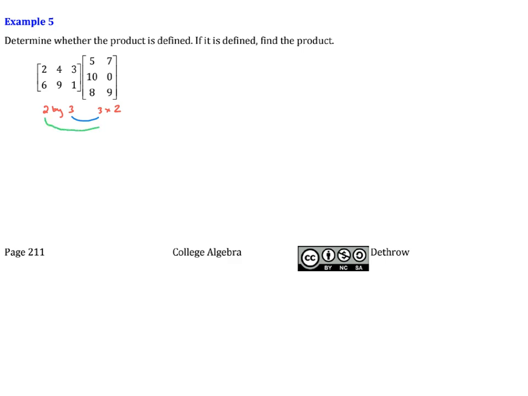Then we know that the result is going to be a 2 by 2 matrix. Since we know that we have 2 rows and 2 columns, I'll just pencil in those entries.